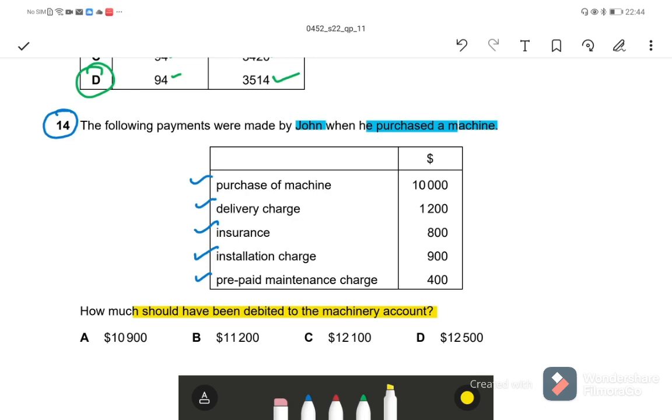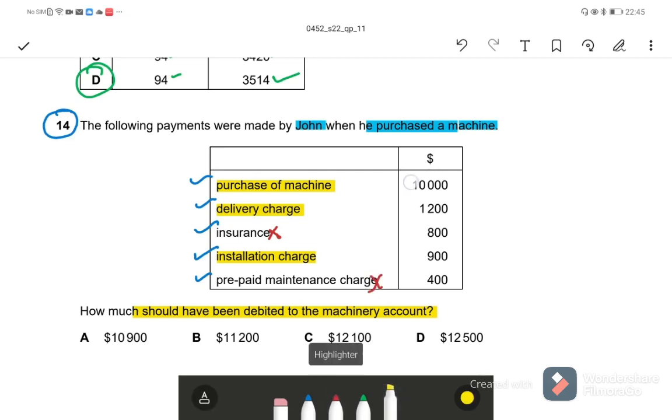How much? Here capital expenditure, purchase of machine is the part of capital expenditure. Delivery charge is the part of capital expenditure. But insurance is not the part of capital expenditure. Installation charge is the part of capital expenditure. Prepaid is not.